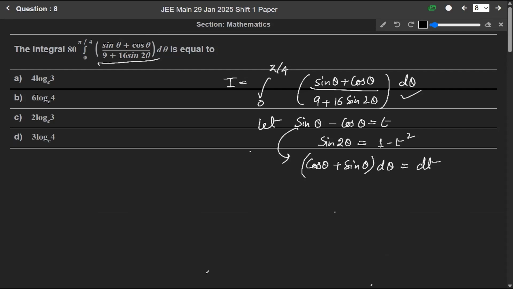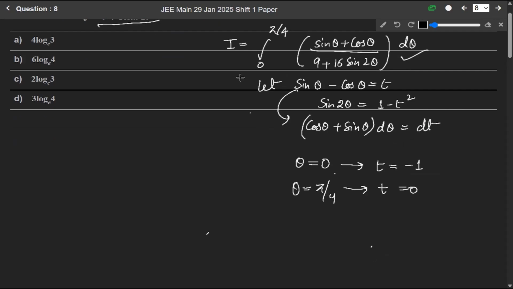Now put this value here. There is a limit also, right? When theta equals 0, using this limit, t will become minus 1. And when theta equals pi by 4, at that time t will become 0.